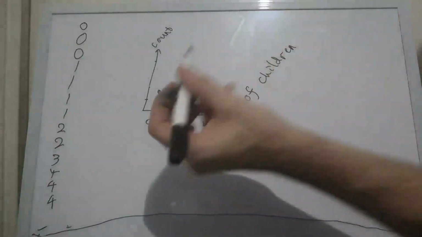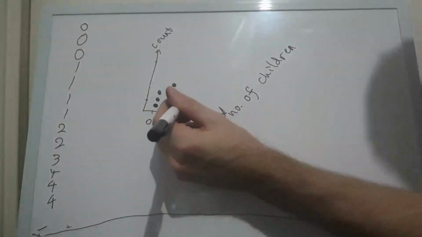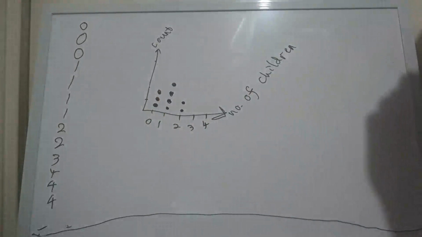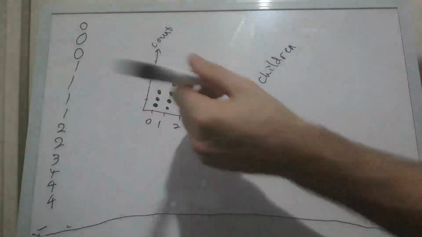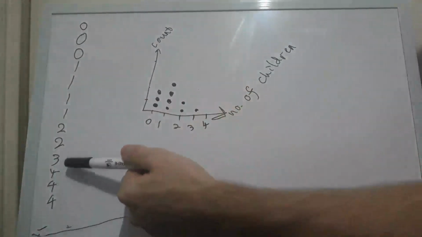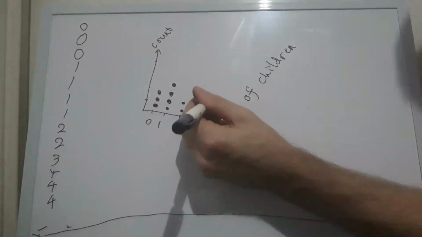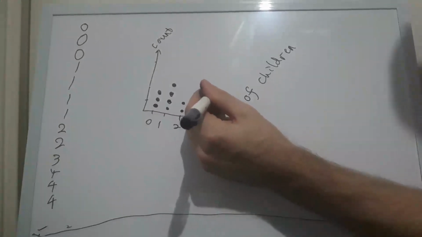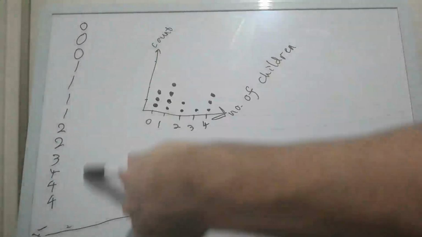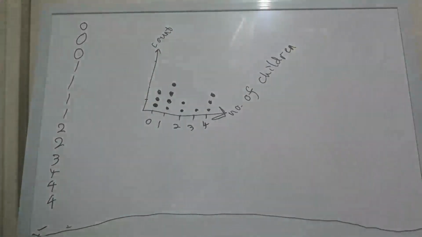Now we have 2 families that have 2 children, so we'll put 2 dots in this section. We also have 1 family with 3 children and 3 families with 4 children. So with that data set there, this is how you might represent that on a dot plot.